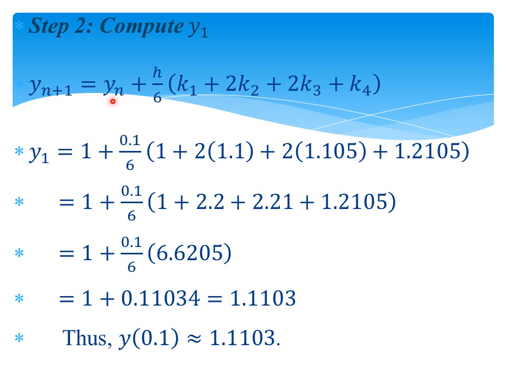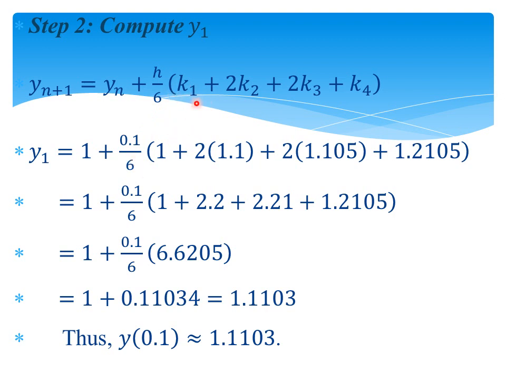The y naught value is given in our question, so we put 1. A plus sign is given, so you write the plus sign. h is also given, 0.1 divided by 6. This is the formula value of y n plus 1. This is a fixed value of 6. You write 6 in every equation.